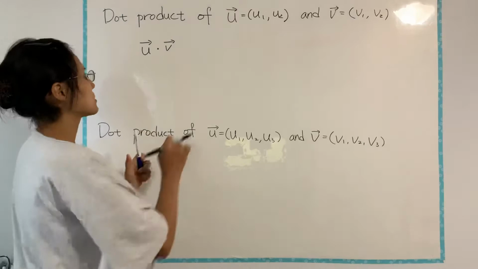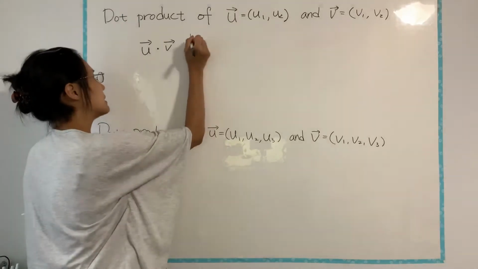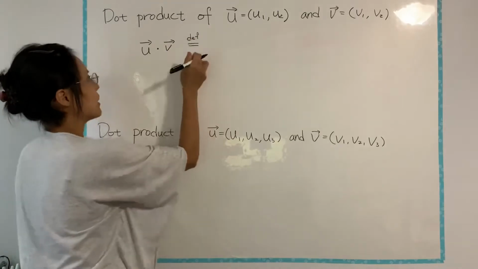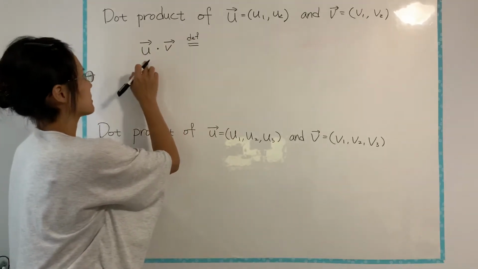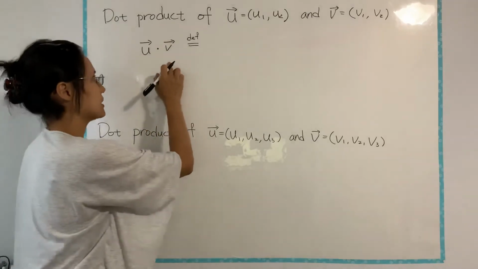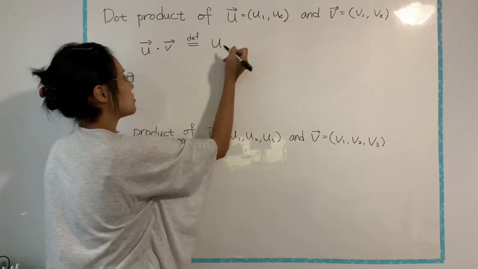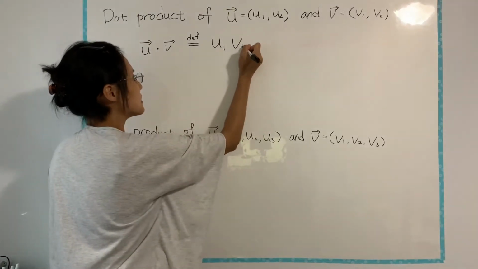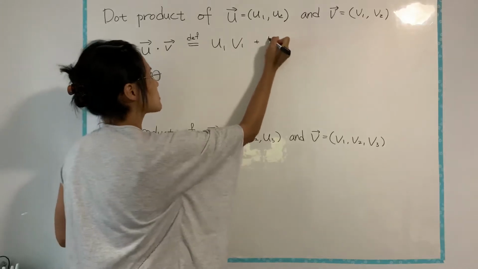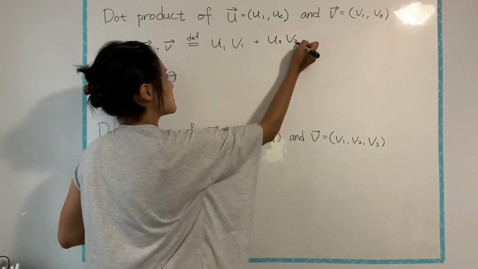Okay, so the definition, I'm going to write DEF. This is how we define what it means by vector u dot vector v. It's this formula: u1 times v1 plus u2 times v2.